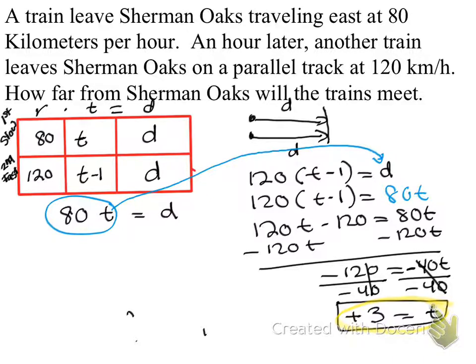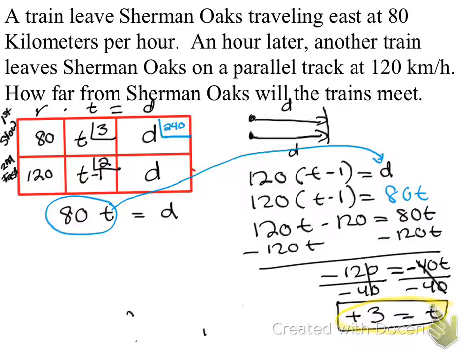Okay, so we do know that the time is 3 for the slow one, and how much time did it take for the fast one? 2. Yep, because 3 minus 1 is 2. But now, what is my distance, Connor? The distance is 240 for the slow one.